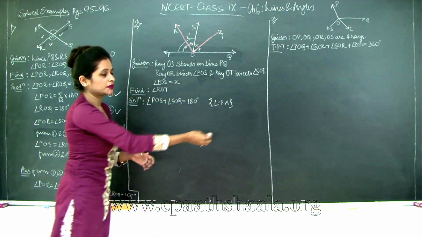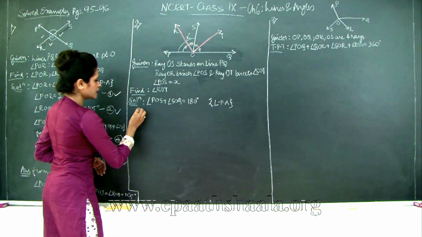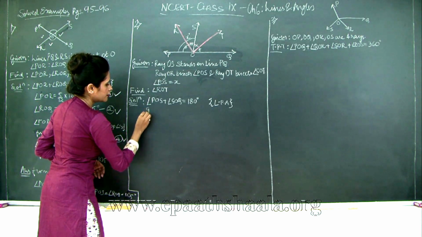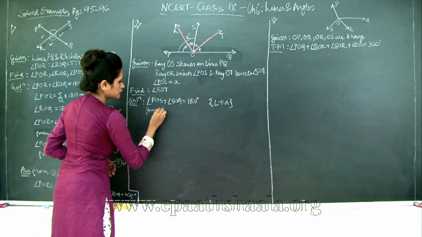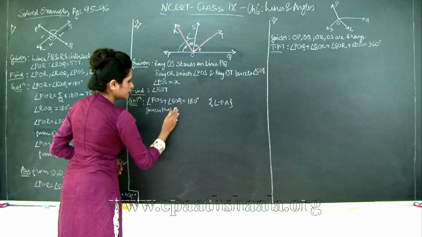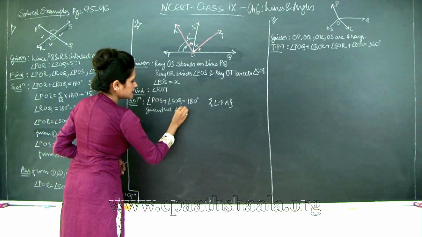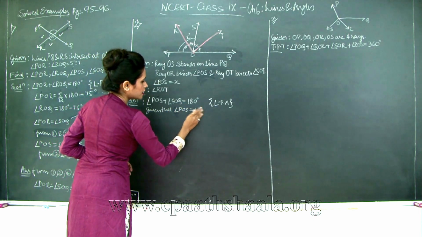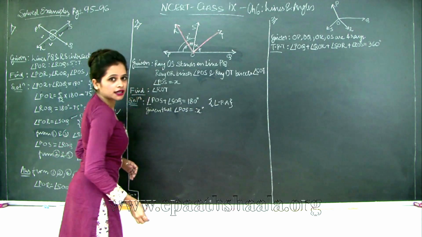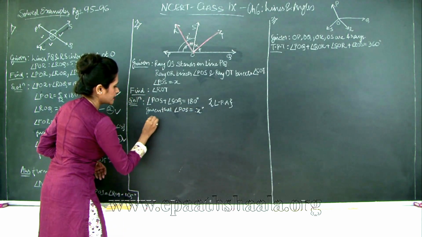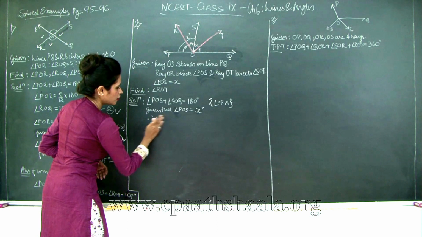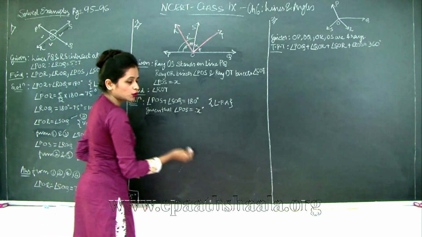I am just writing LPA for linear pair axiom. Now, given that angle POS is equal to x degrees. Correct?